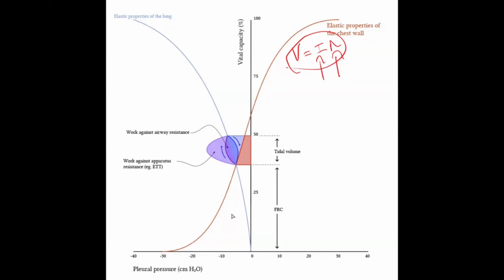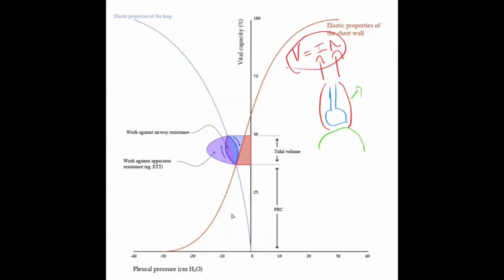So the second important concept is that if I drew a rudimentary alveolus, and forgive my drawing skills, and then I drew, let's say, the chest wall, and then let's say I also drew the diaphragm. I think we might remember from normal physiology that these things sort of counter each other. The natural tendency of the chest wall is to expand outward.